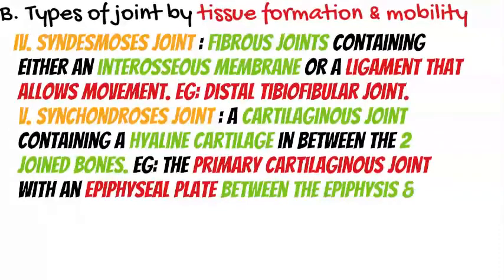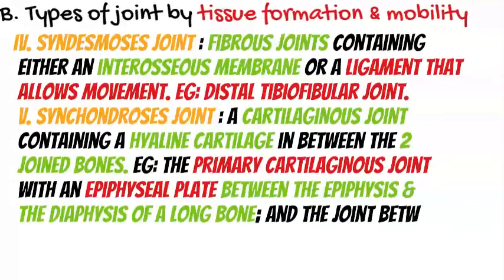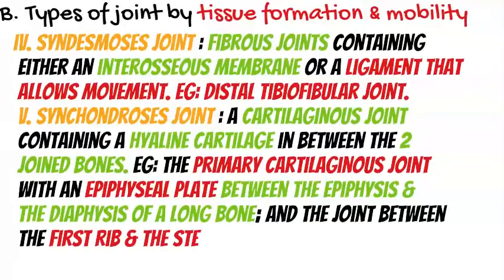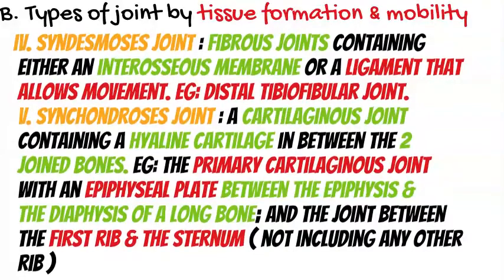Example, the primary cartilaginous joint with an epiphyseal plate between the epiphysis and the diaphysis of the long bone, and the joint between the first rib and the sternum, not including any other ribs. However, the intervertebral discs are not considered synchondrosis because they are composed of fibrous cartilage. They, along with the joint between the pubic bones, are referred to as symphysis joints.